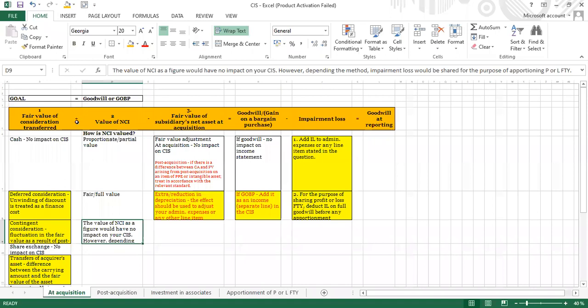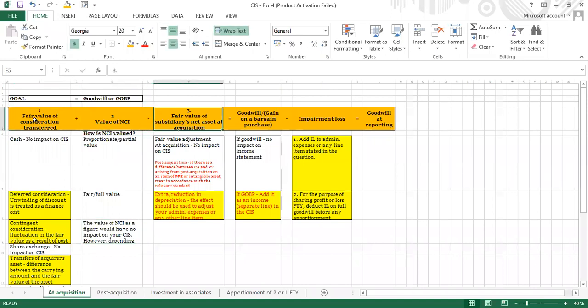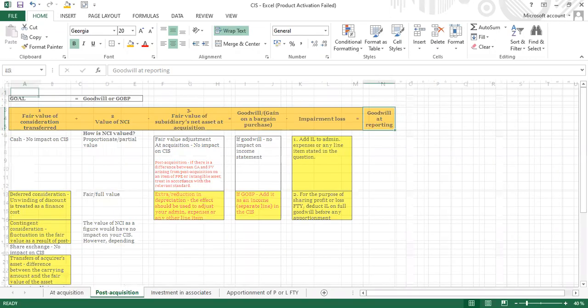Once you have handled all these ingredients, you are done with treating all the ingredients used in calculating goodwill. Then you can now look into the question to see, okay, what happened after the date of acquisition? That will now give rise to post-acquisition.